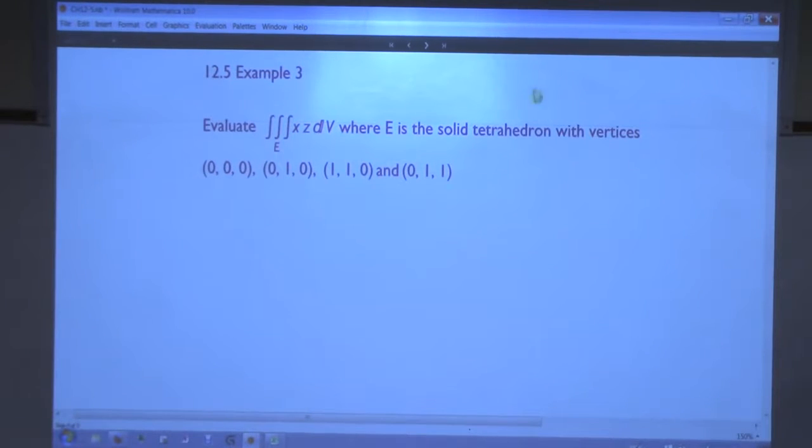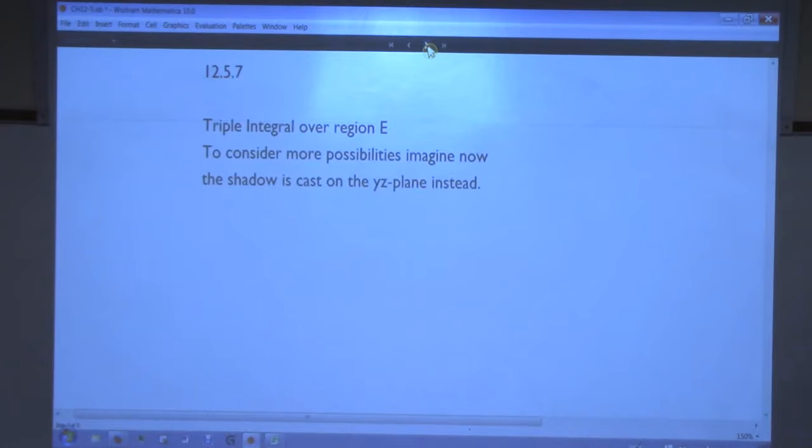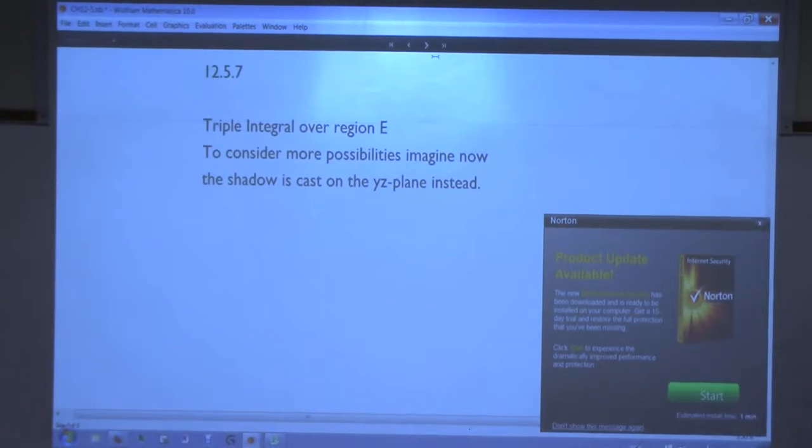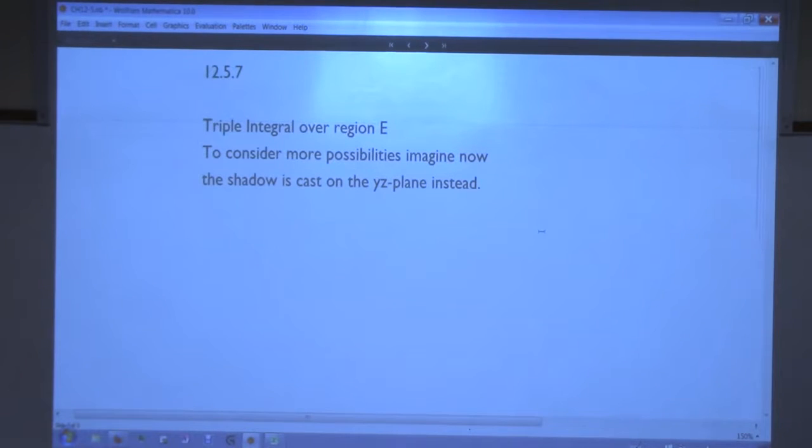What's next? Everything we've done was a solid with the shadow cast on the xy plane. Why did we do it on the xy plane? No one says it has to be that way, right?